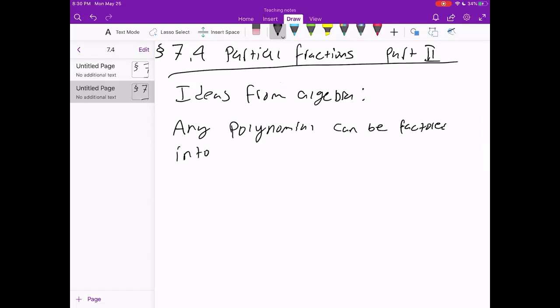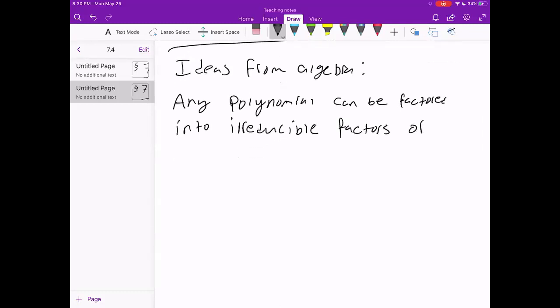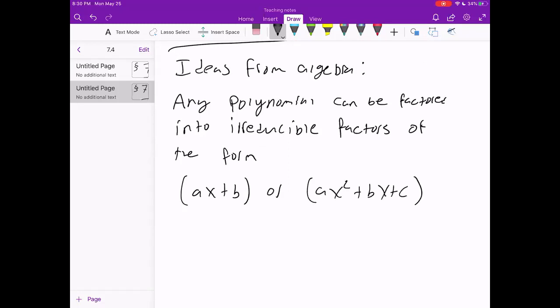into irreducible factors of the form ax plus b or ax squared plus bx plus c. I'll explain what irreducible means in a second.